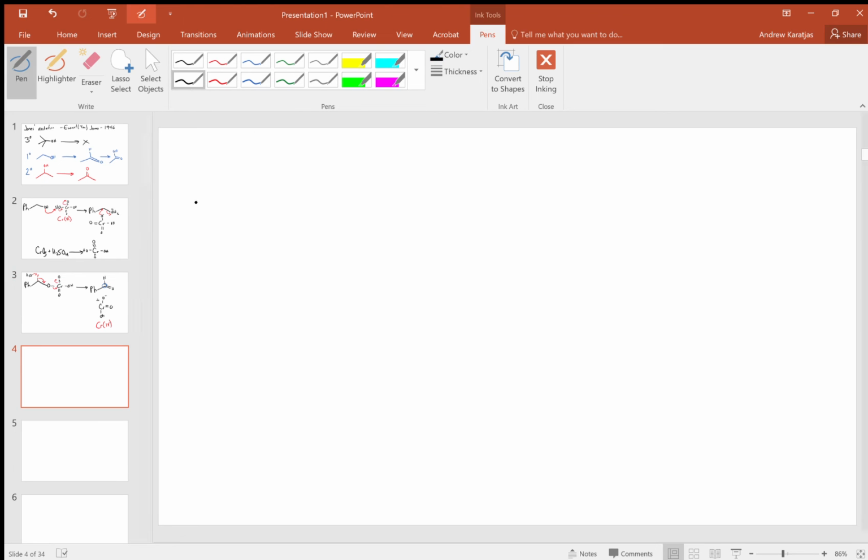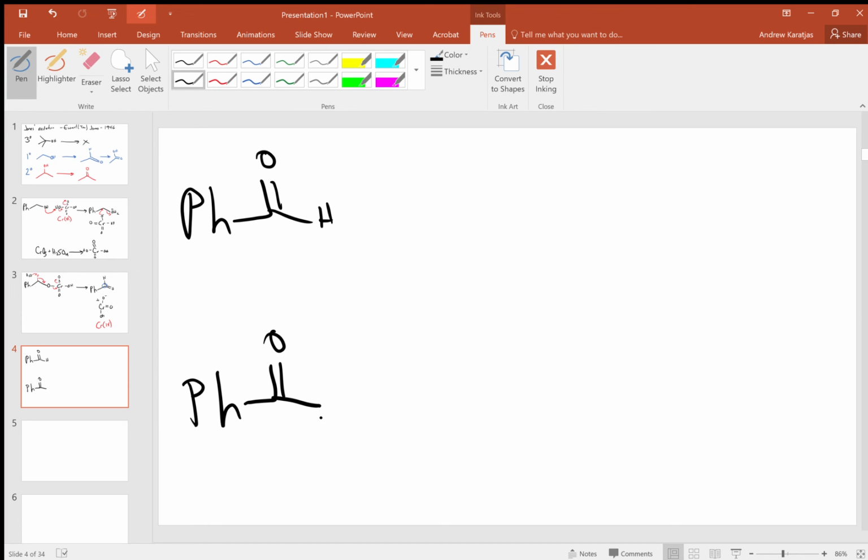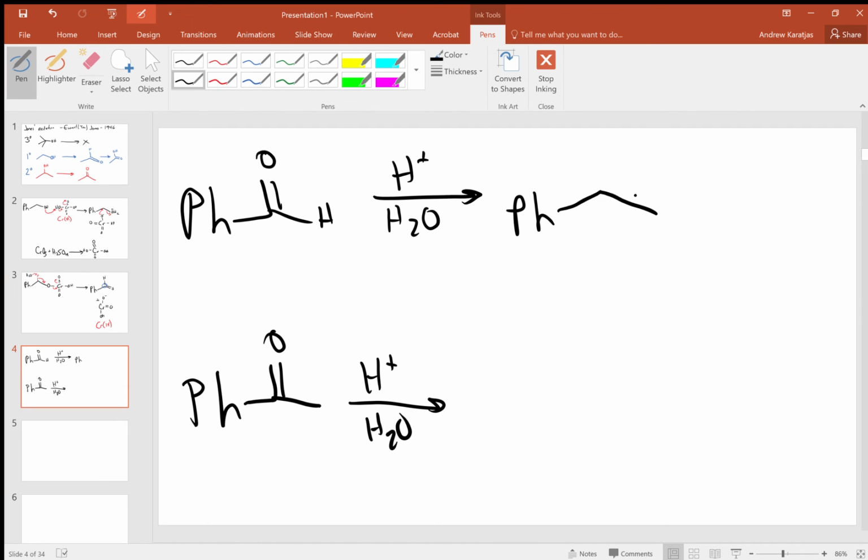But carbonyls in the presence of strong acid, and we'll show this for a secondary as well, which got oxidized to a ketone. Under strong acid in the presence of water, will form what's known as a hydrate, which is just an addition of water.